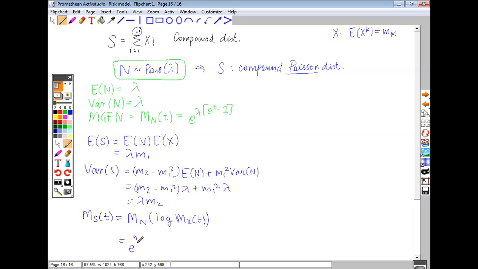First I'll write e raised to lambda, times e raised to log of Mx(t), minus 1. What do you think should happen next? What will come within the brackets? Anyone?